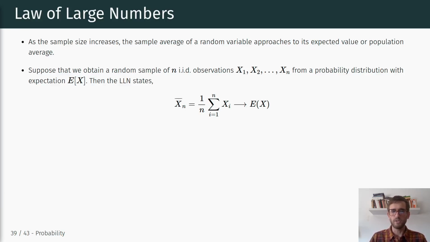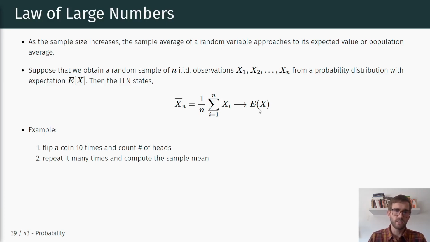Then the law of large numbers states that the average of those xn's, which is equal to 1 divided by n times the sum from i equals 1 through n of xi, so all the individual x's summed and divided by the number of x's, converges to the expectation of x, right? So as the sample size approaches infinity, our sample mean converges to the expectation of x, the population average.